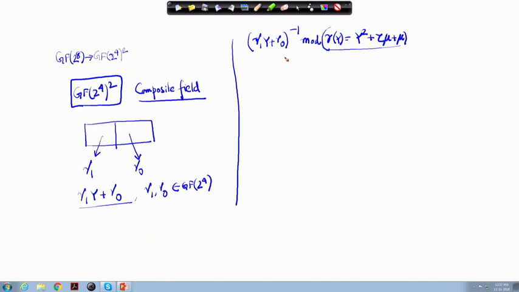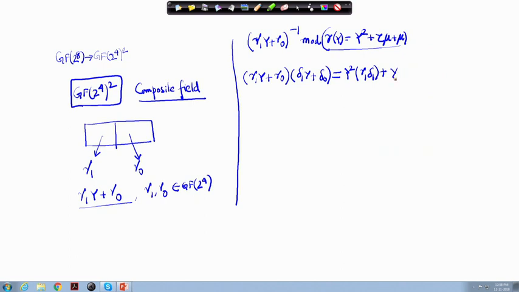For doing this, we first have to understand how you do multiplication in this field. Let us take the element gamma 1 y plus gamma 0 and multiply it with delta 1 y plus delta 0. If I apply the school book operation, I get y square, and the coefficient for this is gamma 1 delta 1.